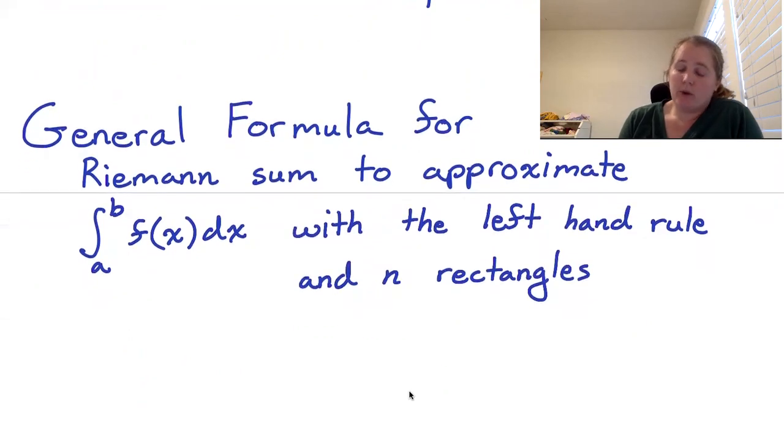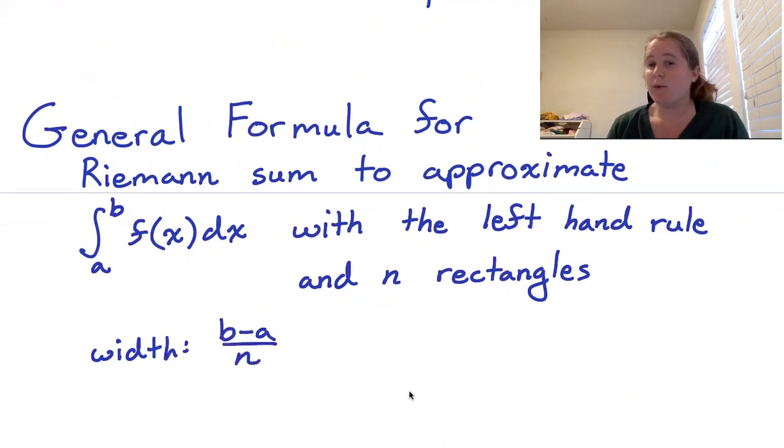Our width of one rectangle would just be b minus a divided by n, split the total width over n rectangles.